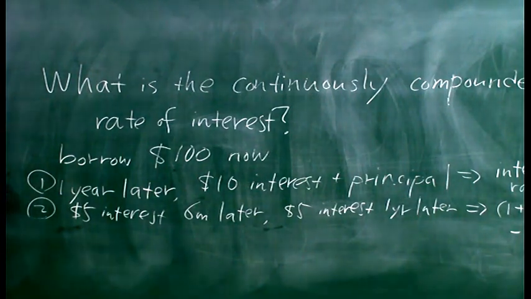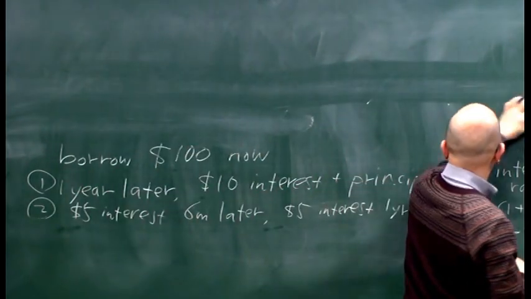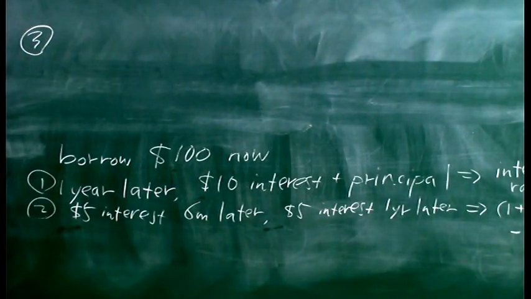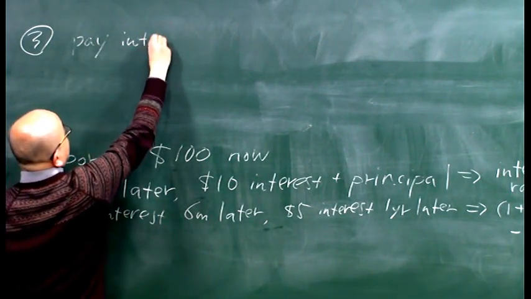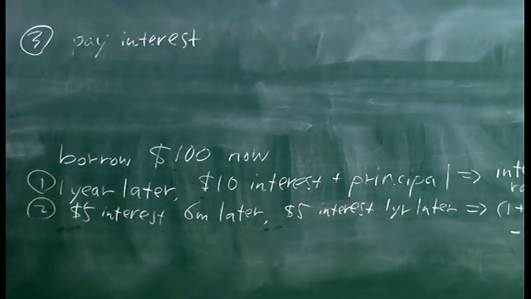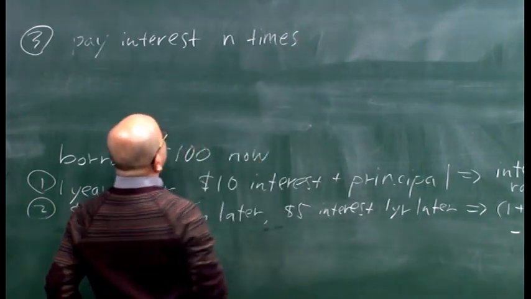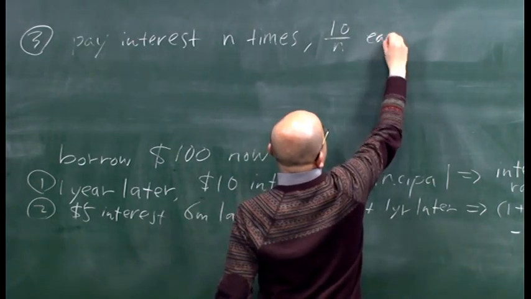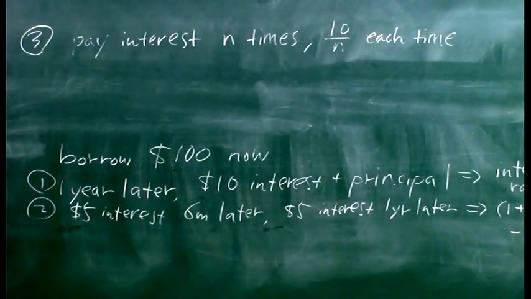So third possibility: you split $10 into n times, and each time you pay $10/n.